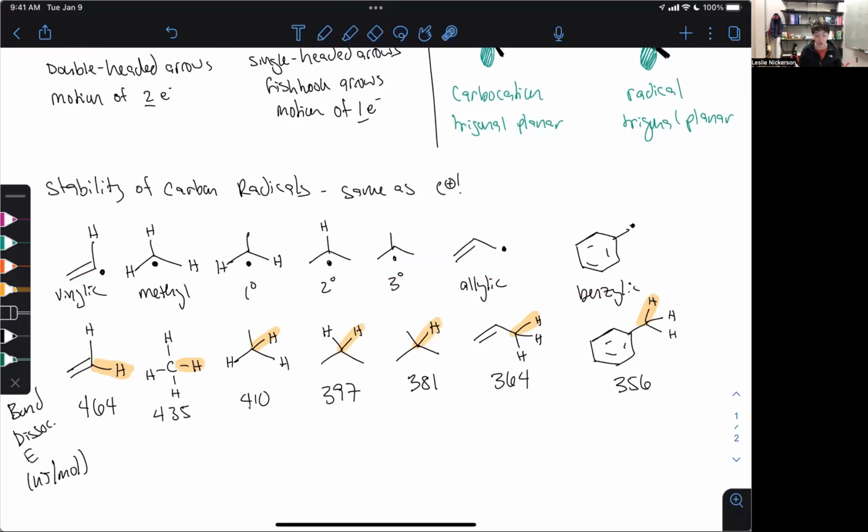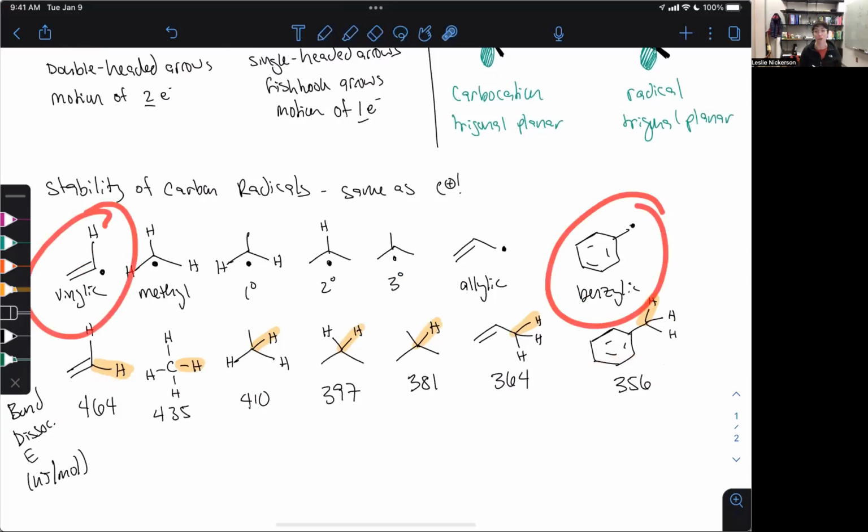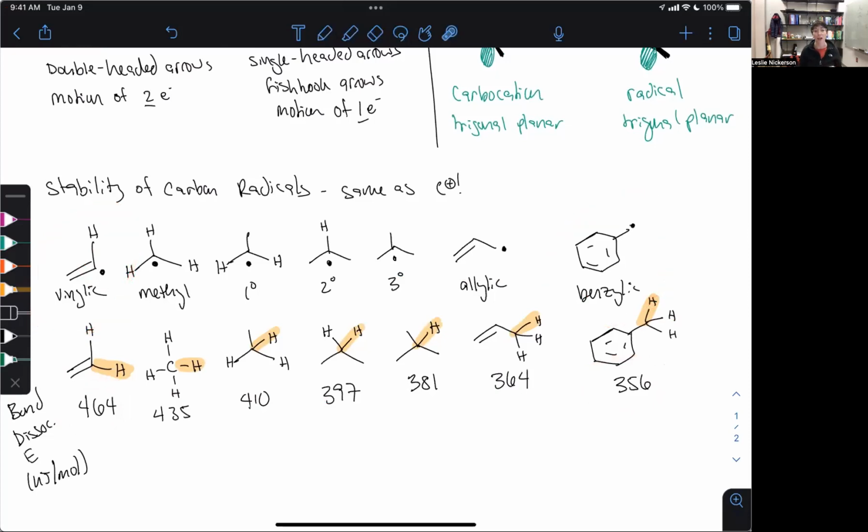I'm just giving them to you so you can see what the differences are like, right? So we have almost 100 kilojoules per mole difference, which is a huge difference when we're talking about the stability of a vinylic radical versus a benzylic radical. And that should help guide you as you're drawing reaction intermediates to make sure that you're not drawing or preparing a radical that's going to be just too high of an energy to actually prepare.